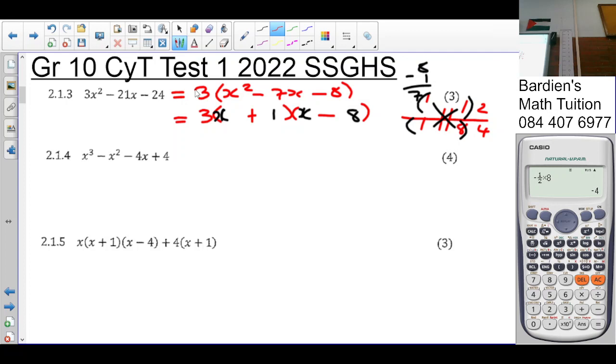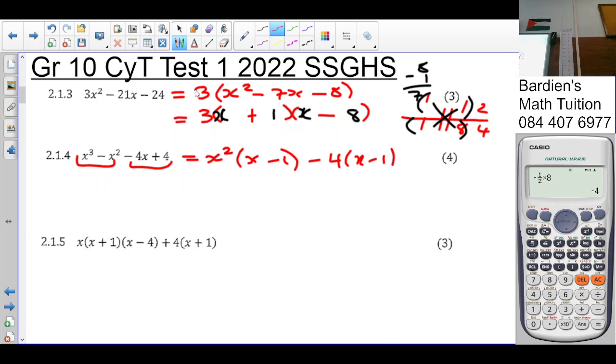Right. 2.1.4. This is factorization by 4 terms. Factorization by grouping. Let's group the first 2 and then the next 2. If it doesn't work, then we rearrange. What is common in the first 2 terms? X squared. What are we left with? X minus 1. In the second set of terms, negative 4 into x minus 1.